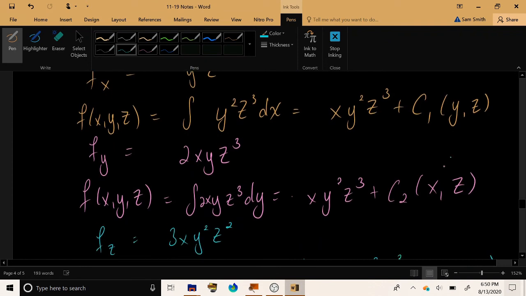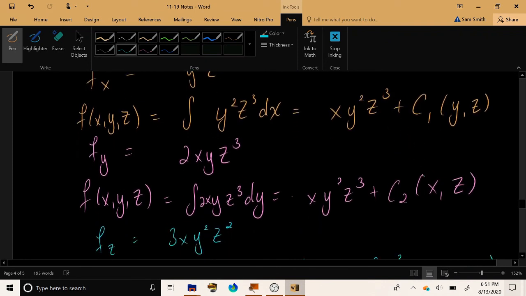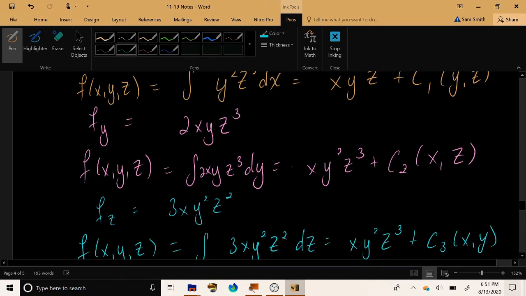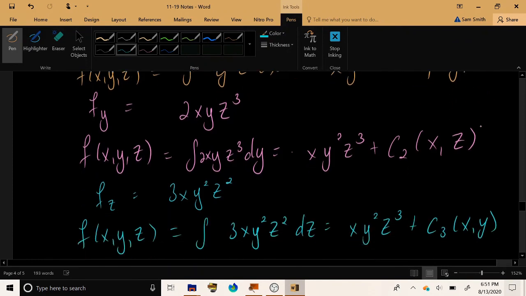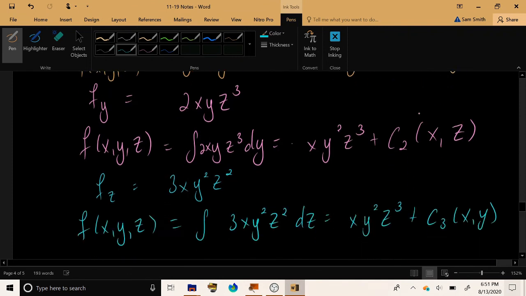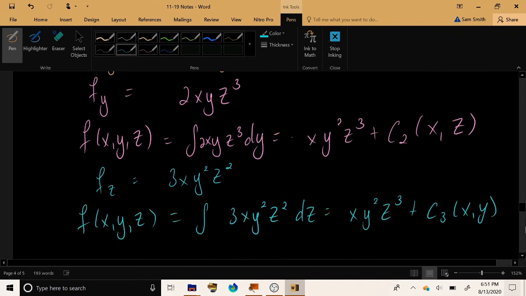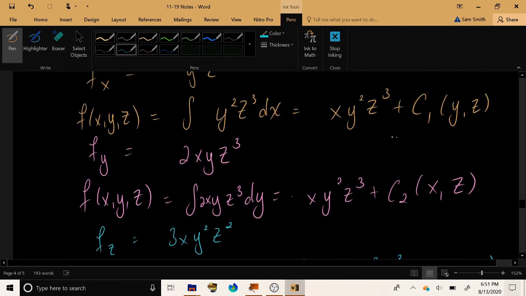But looking among these representations, I don't see any terms that contain just x and z. None of these contain just x and z. I don't see any terms that contain just y and z. And I don't see any terms that contain just x and y. The only terms in play here contain x and y and z.